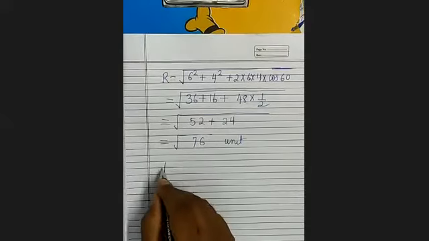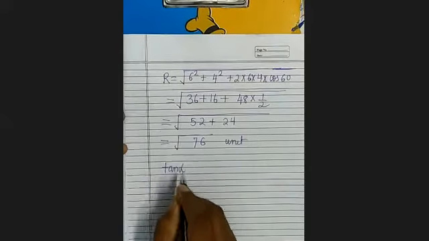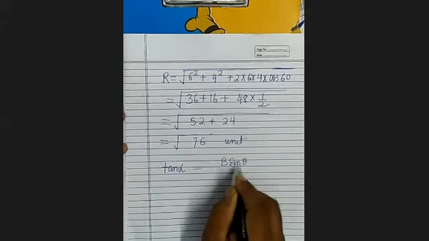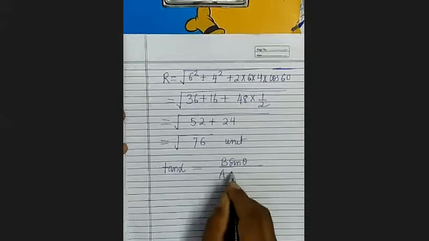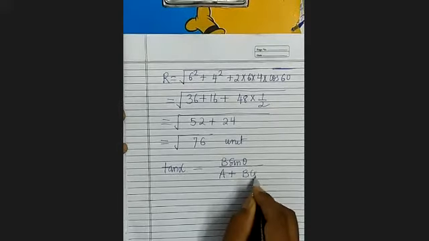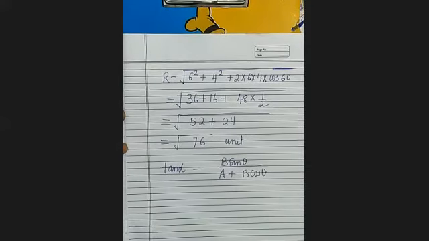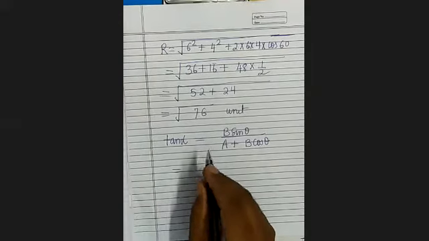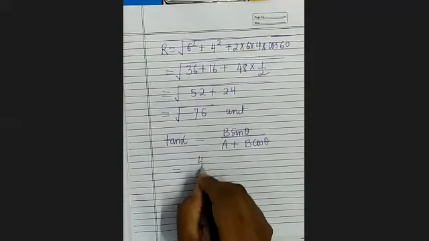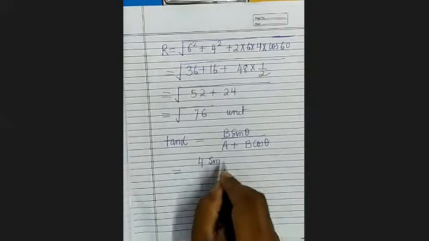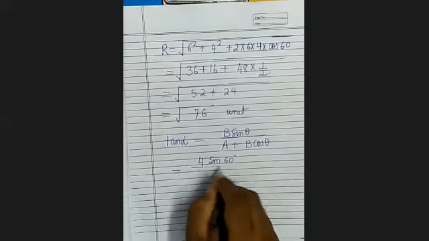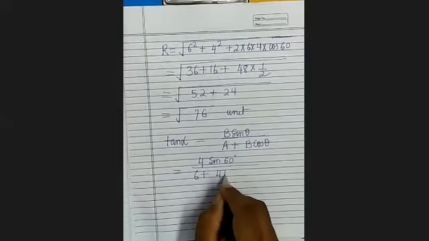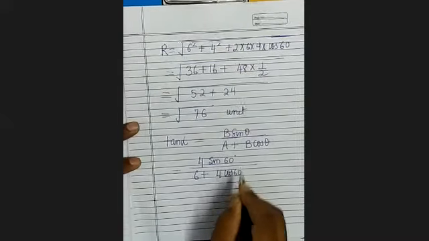Now you have to find tan alpha. Tan alpha is B sin theta upon A plus B cos theta. You substitute the values here. B is 4, sin 60 degrees, and A is 6 plus 4 cos 60 degrees.